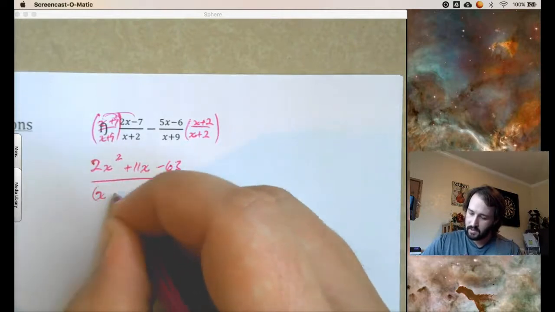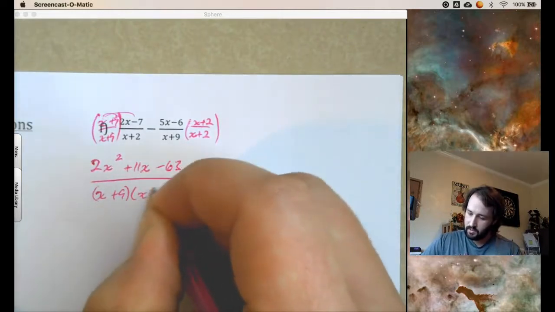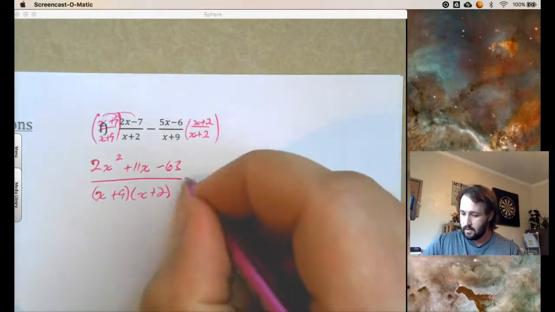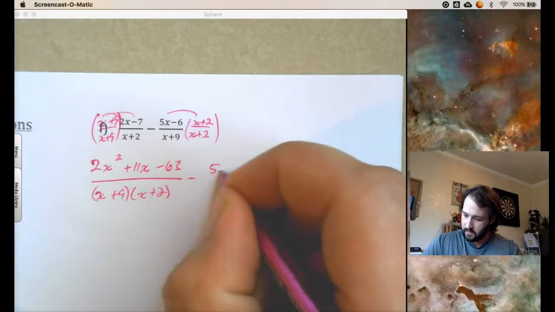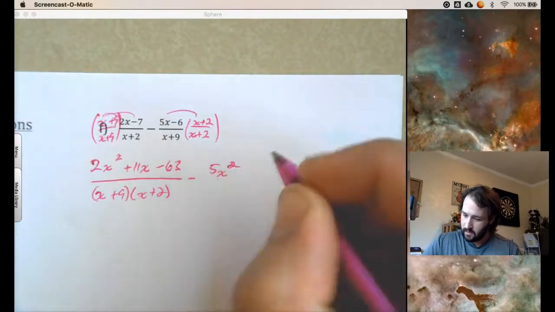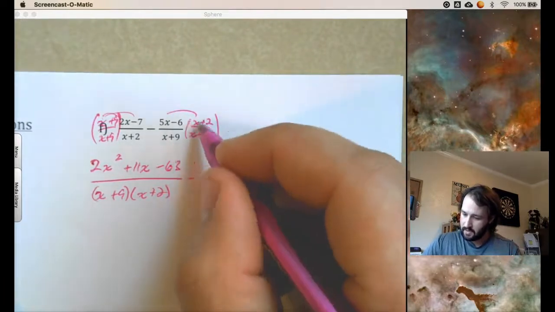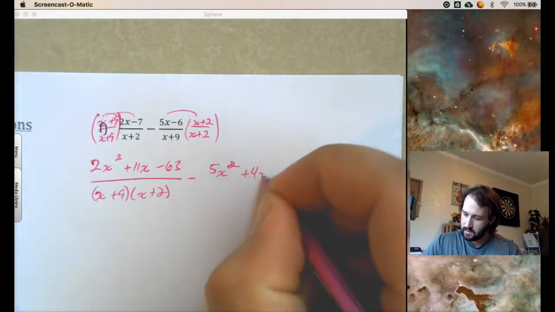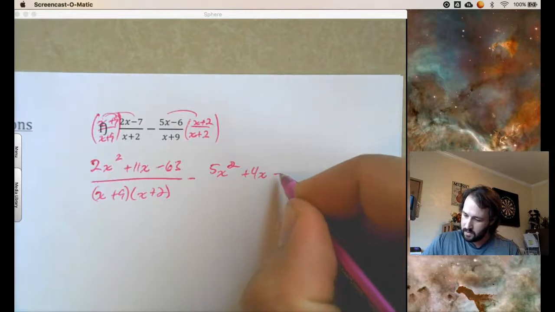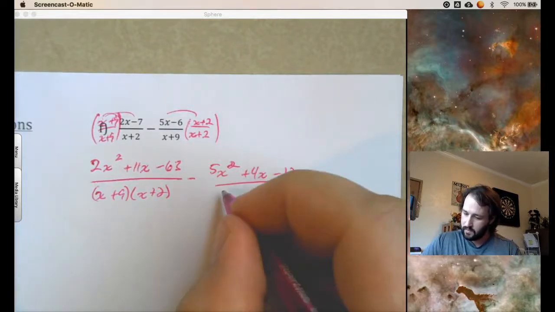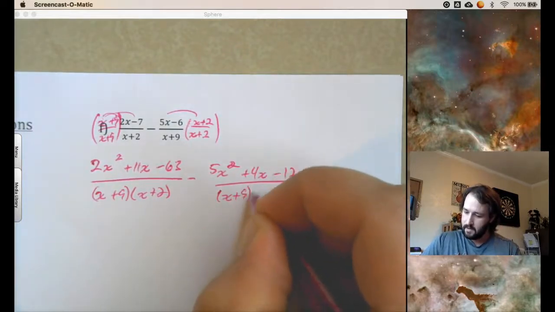Now I'm just going to leave it x plus 9 and x plus 2, just in case something factors. Minus, so that'll be 5x squared. And then plus 10 minus 6, so plus 4x. And then minus 6 and positive 2, so that's minus 12 over that x plus 9 times x plus 2.